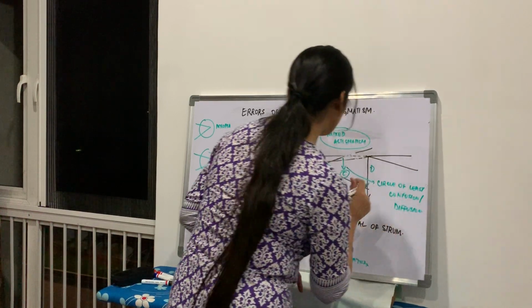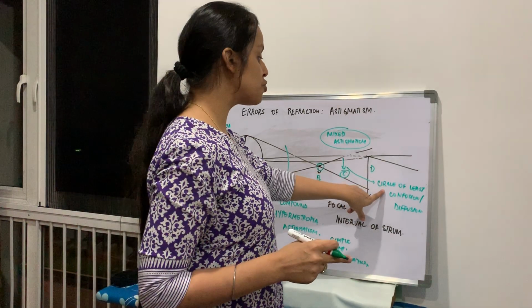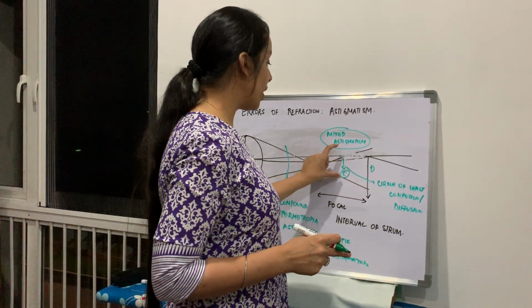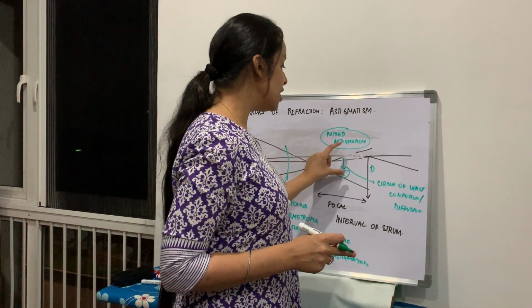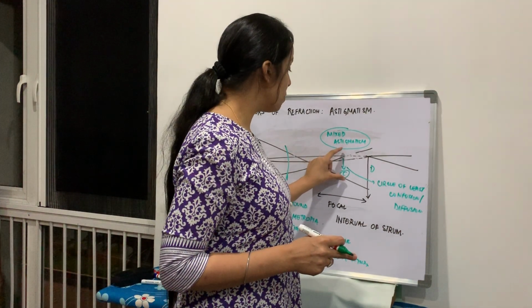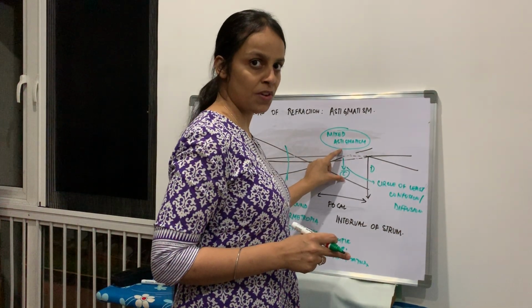So what is the significance of this circle of least confusion or diffusion? If the retina is placed at this point, it will give rise to minimal symptoms and form the sharpest image in cases of astigmatism.